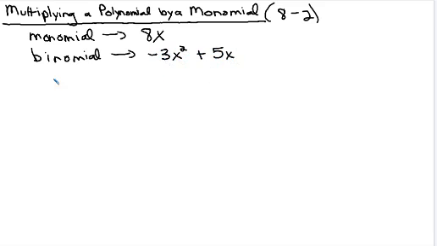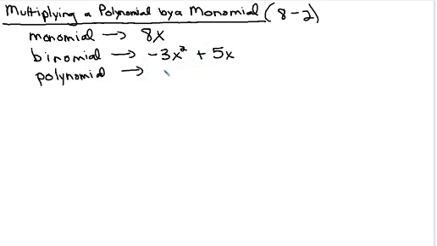That would be a binomial. And when we talk about a polynomial, that is more than one monomial added or subtracted together. So technically this binomial is also a polynomial.